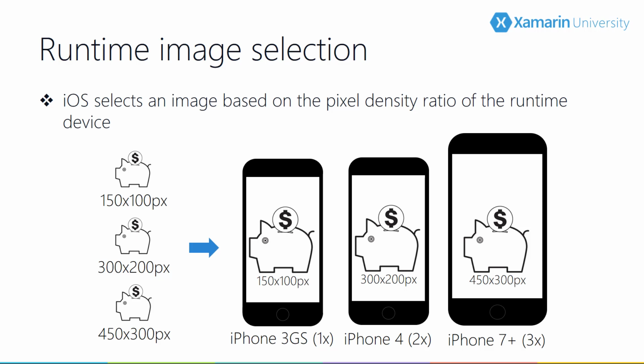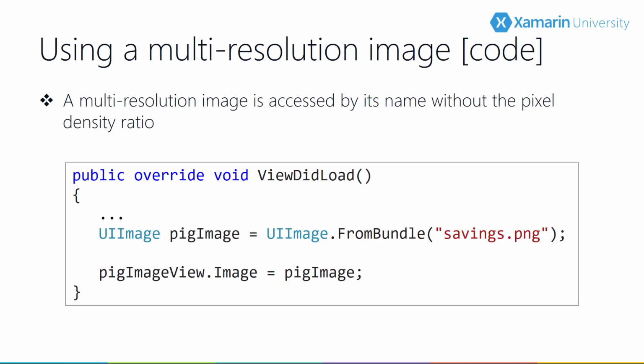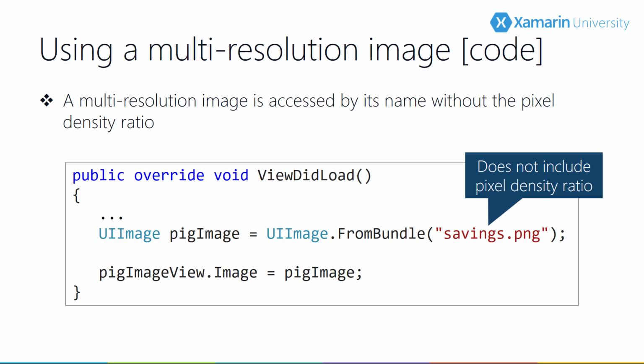Now, when we actually want to load a multi-resolution image, there are 2 ways we could do it. First, we could do it in code. And notice how we're just using the standard UIImage from Bundle like we used before. The only thing different is notice how in the name we don't supply the pixel density ratio. So that's kind of ignored.